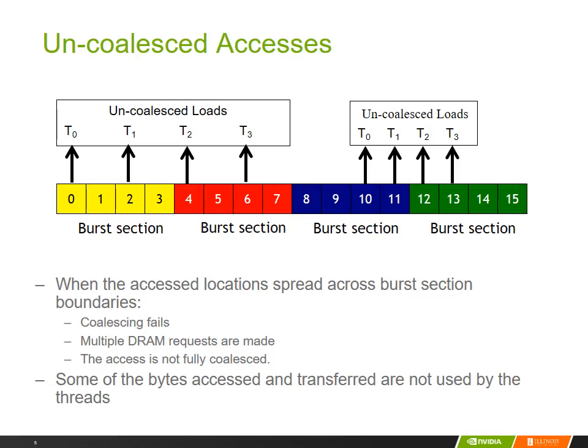If we started with location 8 rather than 10, this access would have been coalesced. Even though the access locations are 10, 11, 12, 13, locations 8, 9, and 14, 15 will also be accessed and transmitted to the processor, still wasting half of the DRAM bandwidth.